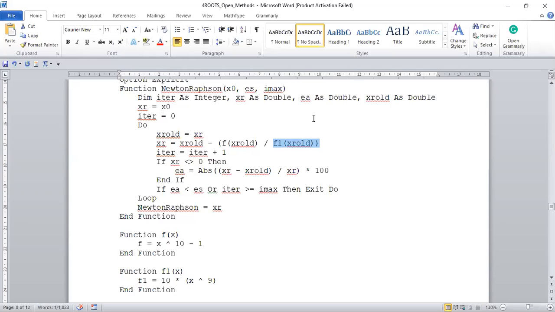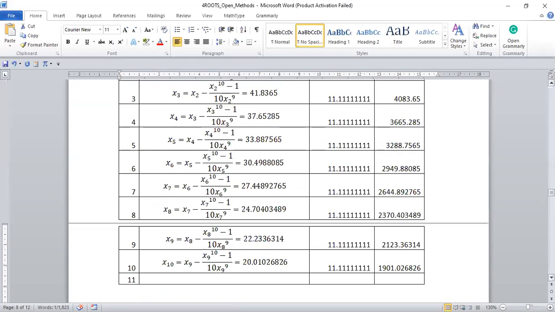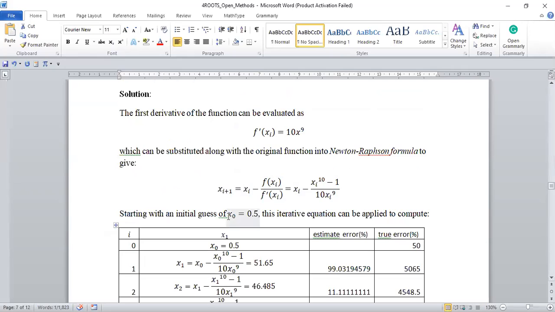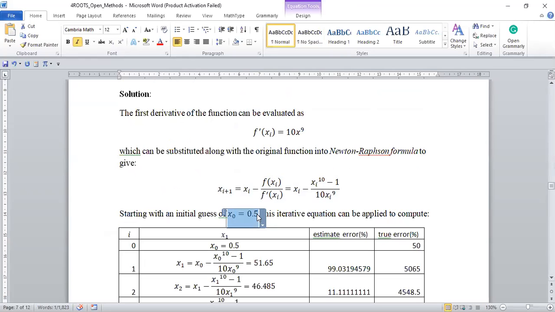If the initial guess is not so good, or not so great, it could be anything, but if the Newton-Raphson method converges very quickly, that means your initial guess was very good. You had a very great initial guess.